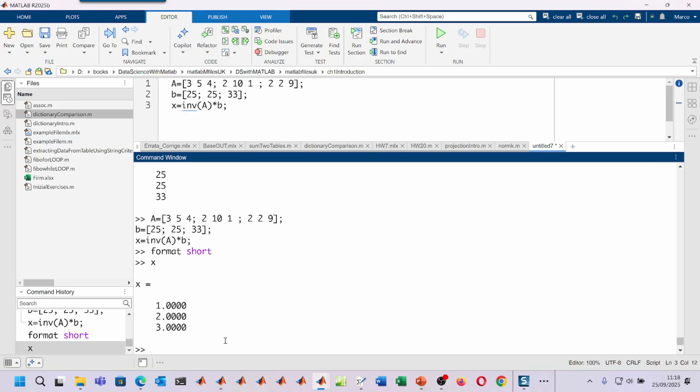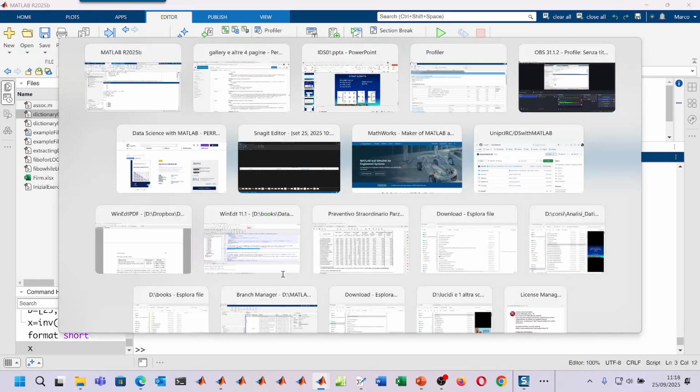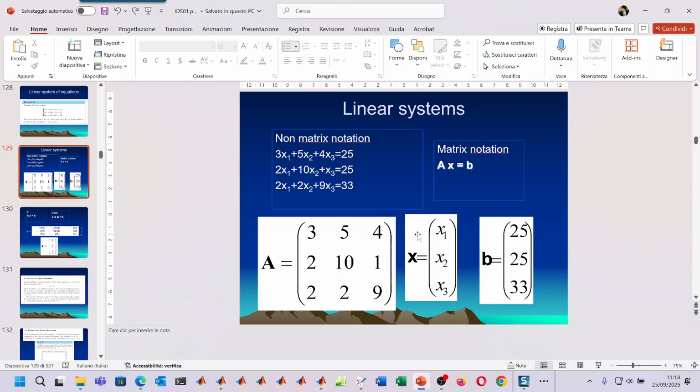X is equal to 1, 2, 3. Let us check that X is equal to 1, 2, 3. 3 times 1 plus 5 times 2 plus 4 times 3 is equal to 25. So if you plug in the values 1, 2, 3, then you get these 3 equations.